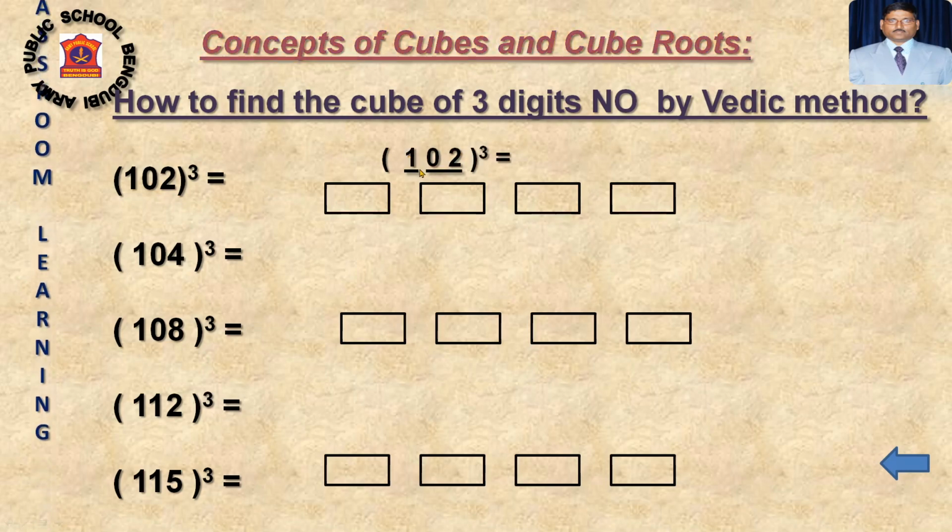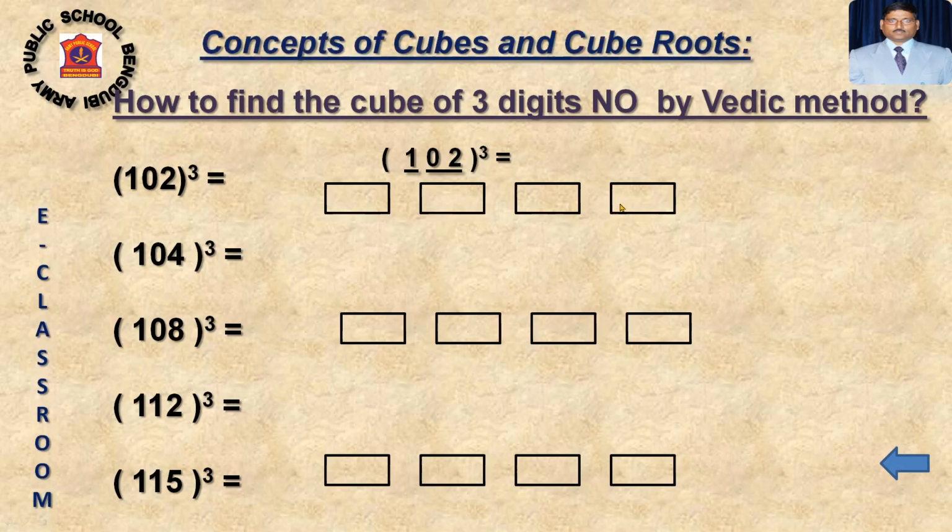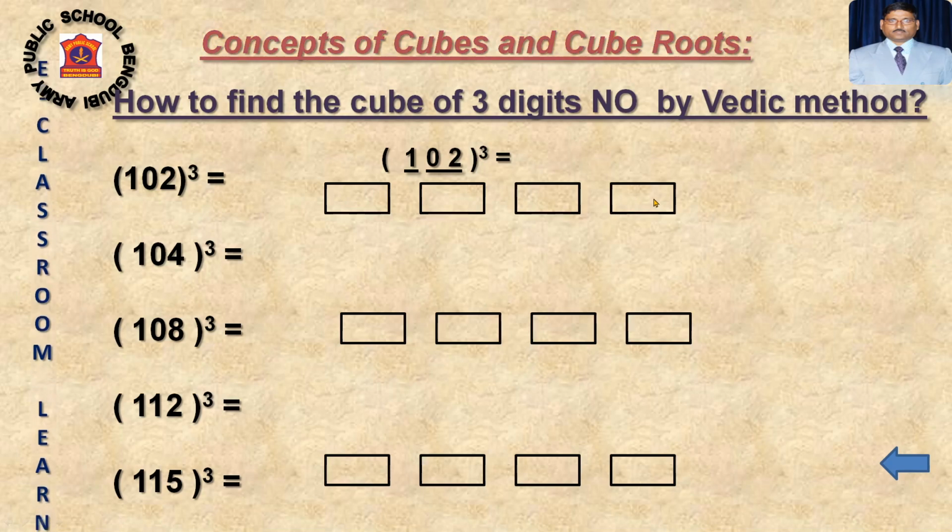Now again we follow the same procedure. 1 cube is 1, and 02 cube is what? 8. It should be the first digit. If it is 1 digit, no problem, but for second digit, third digit, fourth digit, this one always should be a 2-digit answer. So now 1 digit is 1, 2 digit is 08.